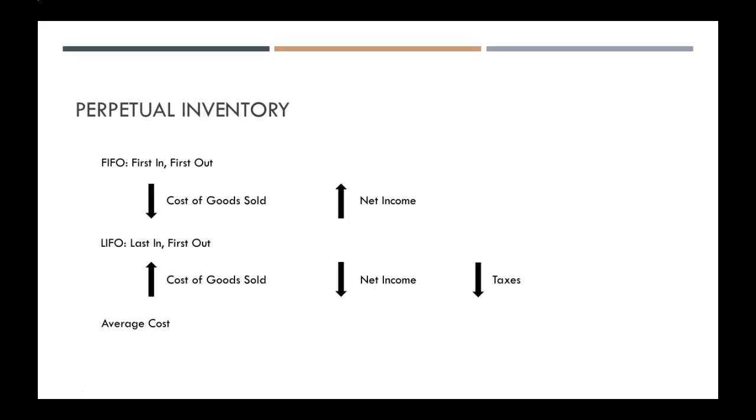So a lot of companies are going to pick one method and stick with it. Now they can make a change, but if they make a change, they're then going to stick with that new one and not just constantly make changes year after year.